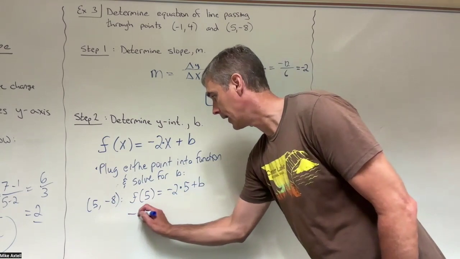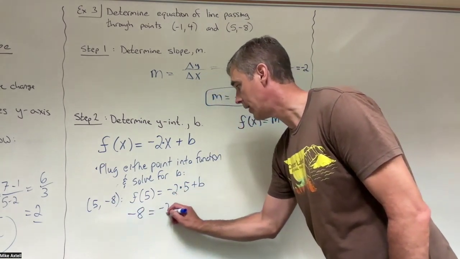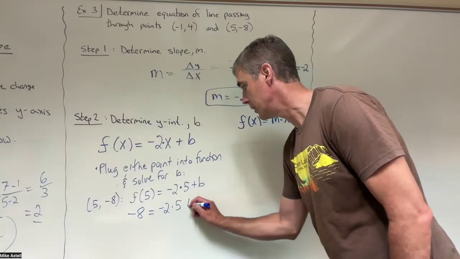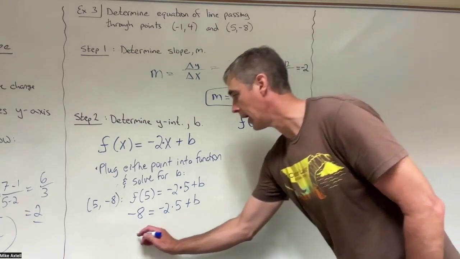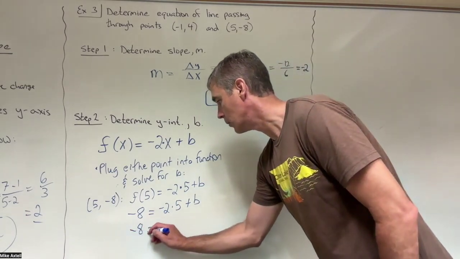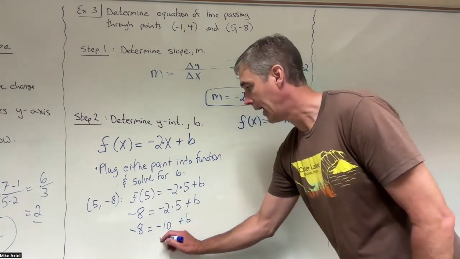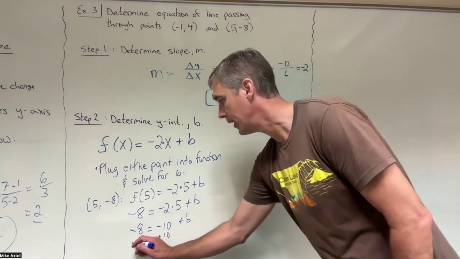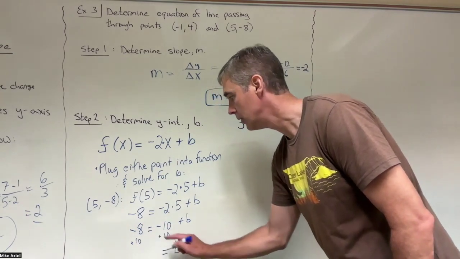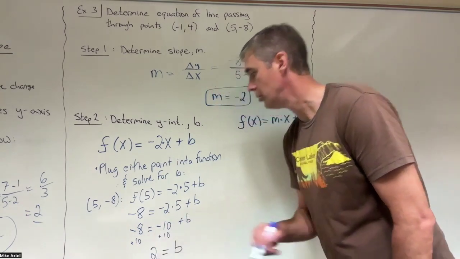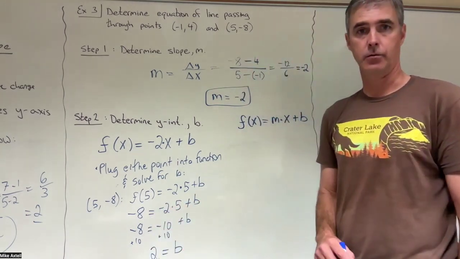So I plug in -8 for f of 5: -8 equals -2 times 5 plus b. Now I solve for b. So I've got -8 equals -10 plus b. I could add a 10 to both sides, and I get that b is equal to +2. -8 plus 10 is +2.